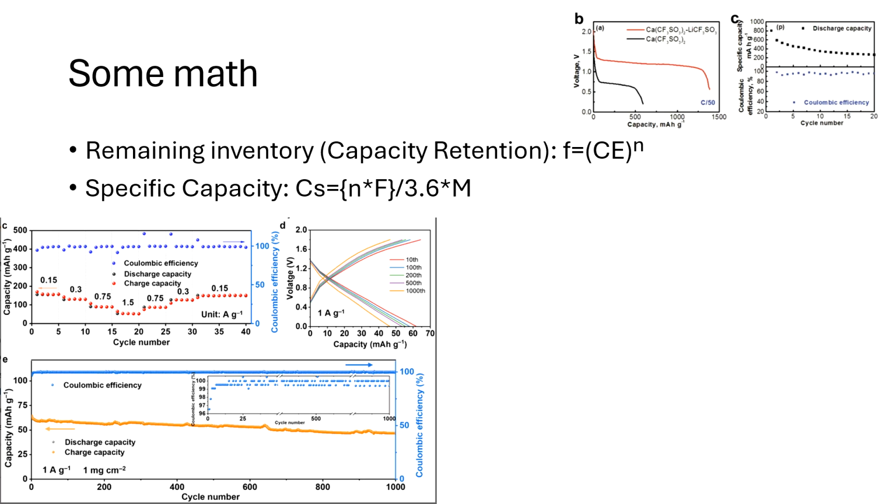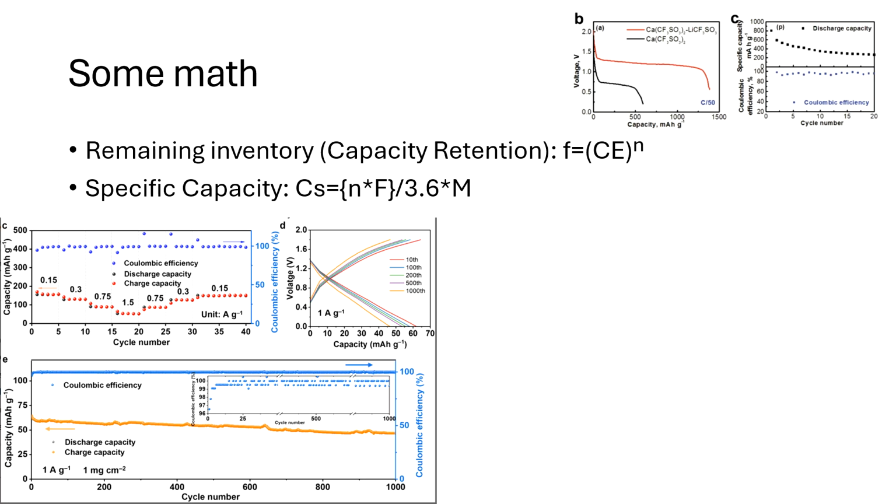This capacity retention is basically how much charge a battery will continue to hold after being charged and discharged over a period of time. So in this case, we have the amount of reactant left, depending on the battery. This time it would be calcium, is equivalent to the coulombic efficiency of the battery to the nth power, where n is the amount of cycles of charging and discharging that battery has undergone.